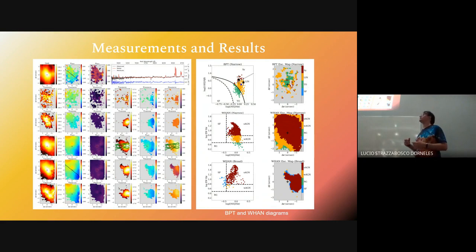We model the gas kinematics of this galaxy with two Gaussian components. So here we have the disk component that tends to follow the movement of the stars in the galaxy, and here we have the columns related to the broad component. So the components of the outflows.